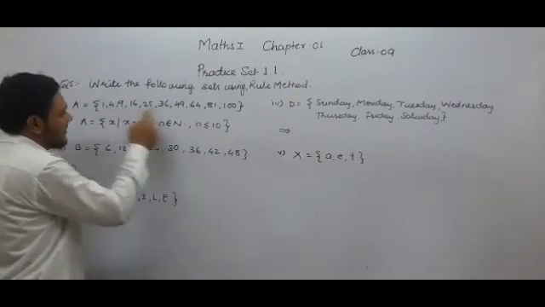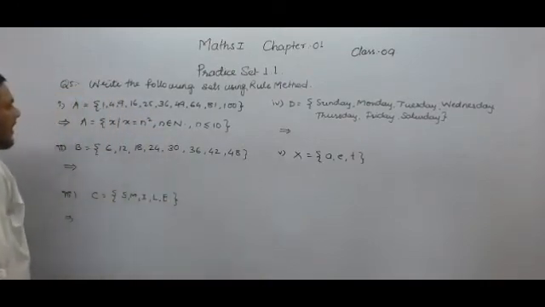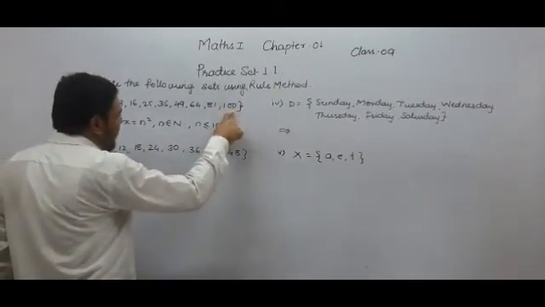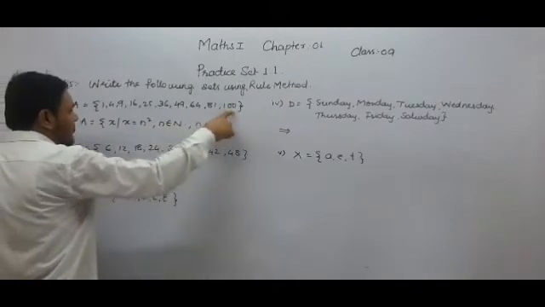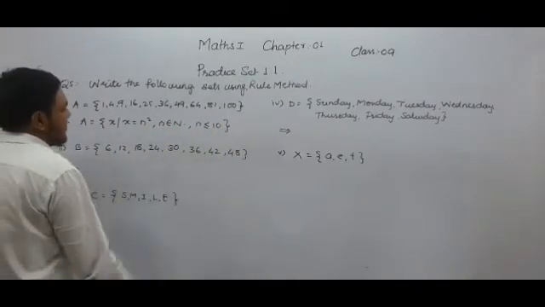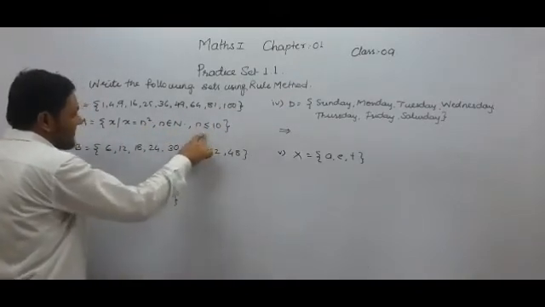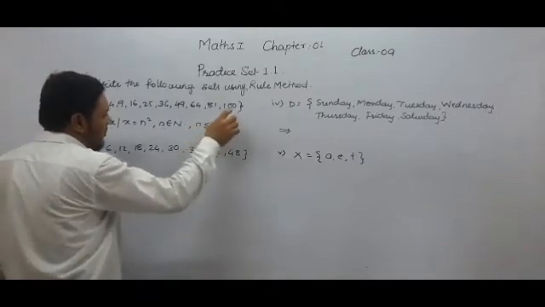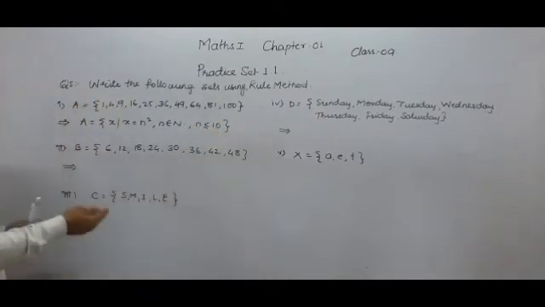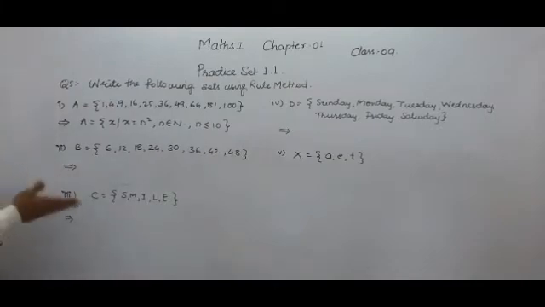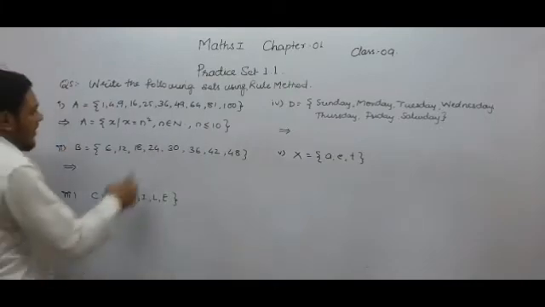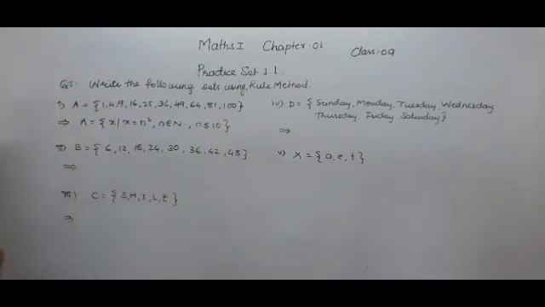Like this it will take the numbers and make the square of them, and finally it will take 10 and make the square of 10, so it will be 100. So this will take from the set of natural numbers, and one condition is there, n is less than or equal to 10. So it will take all the numbers less than 10 and make the square of them. It will also take 10 and make the square of 10, and these are the elements of that particular set.